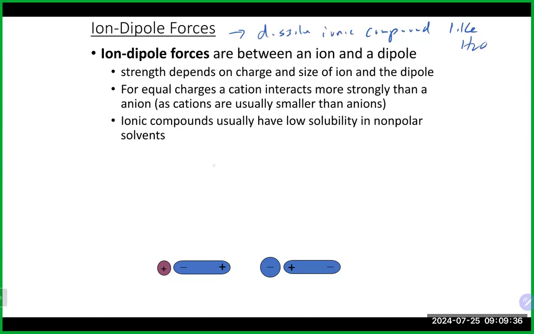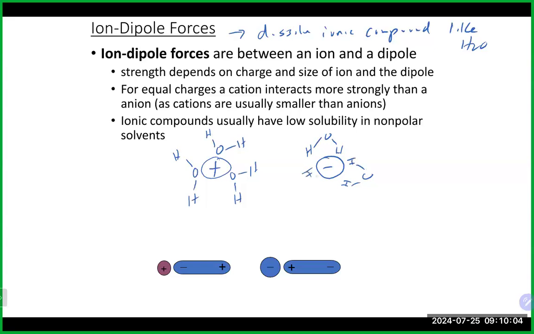We know that when we dissolve something like sodium chloride, there's a positive ion and a negative ion. And we know something like water is polar. It is the negative side of water, the oxygen, that will end up surrounding the positive ion, for example, and the positive side of water, the hydrogens, that will end up surrounding the negative ion.